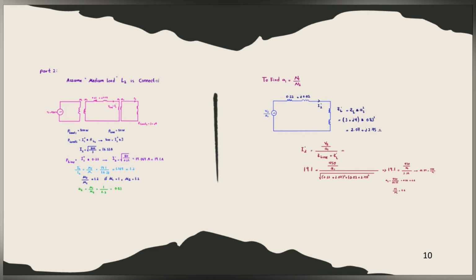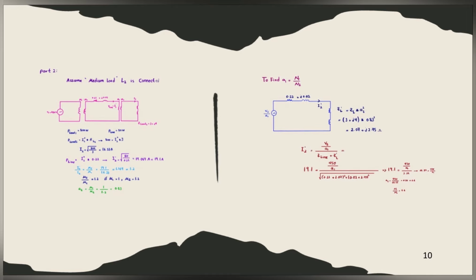Here from the law of proportionality we find that I2 dash over I2 equals M2 over M1. So the last value, M2 over M1, equals 1.2. If M1 equals 1 and M2 equals 1.2, we take the inverse of M2 over M1 to get A2, which is A2 equals M1 over M2 equals 0.83. To find A1, we must find N1 over N2.